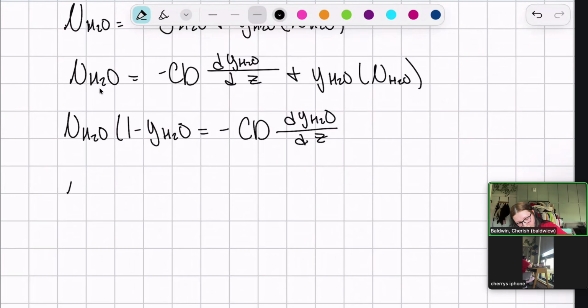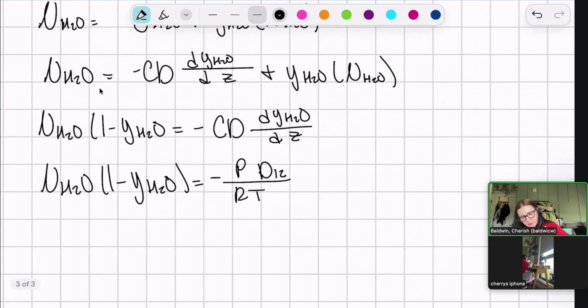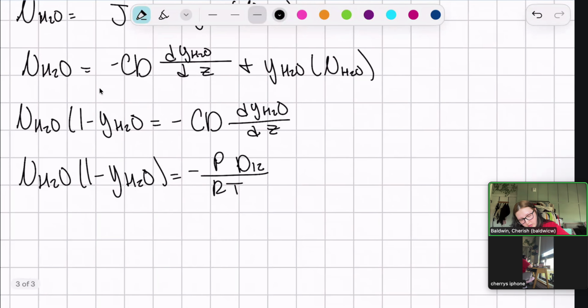And we can simplify this further because we know that concentration is P over RT, and we're going to just put the D, component 1 to 2, times dY H2O over dz.